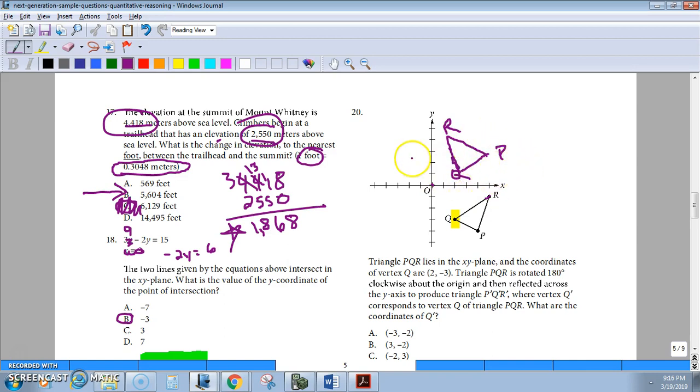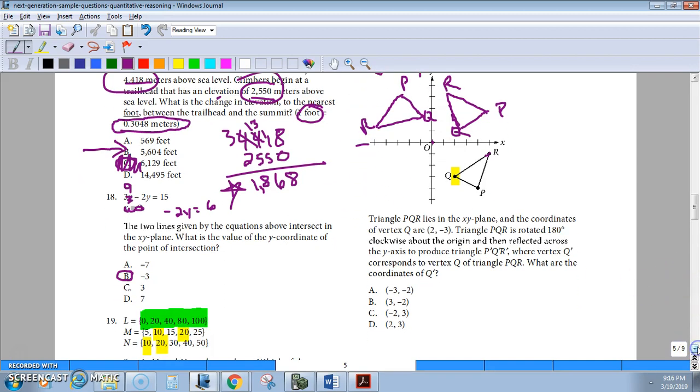And if I rotated it 180, so that's 90, 180 would be one more, which would be here, and this would be R, and this would be P, and this would be Q. So one thing to know is it's going to be in this quadrant, which you could have figured out. And what we know about this quadrant is y is positive, but x is negative.